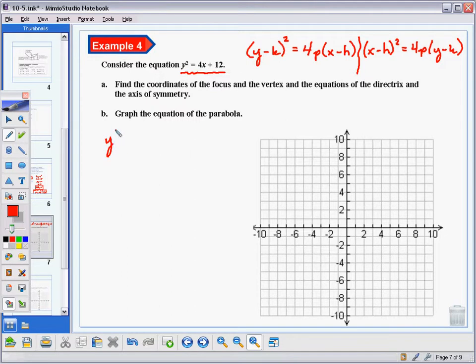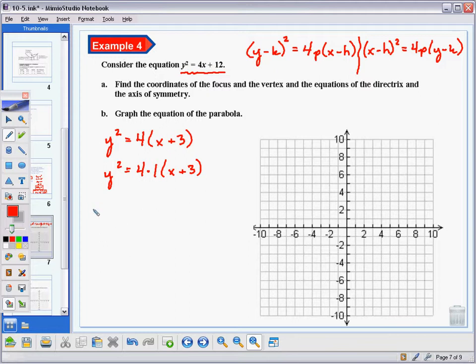So what I'll do is I'll write the y squared, but on the other side I'm going to factor out a 4, since that's the common factor, to give me x plus 3. Now I don't have a p-value in there yet, however, it's easy enough to rewrite it without changing it, so it's 4 times 1 times (x plus 3).